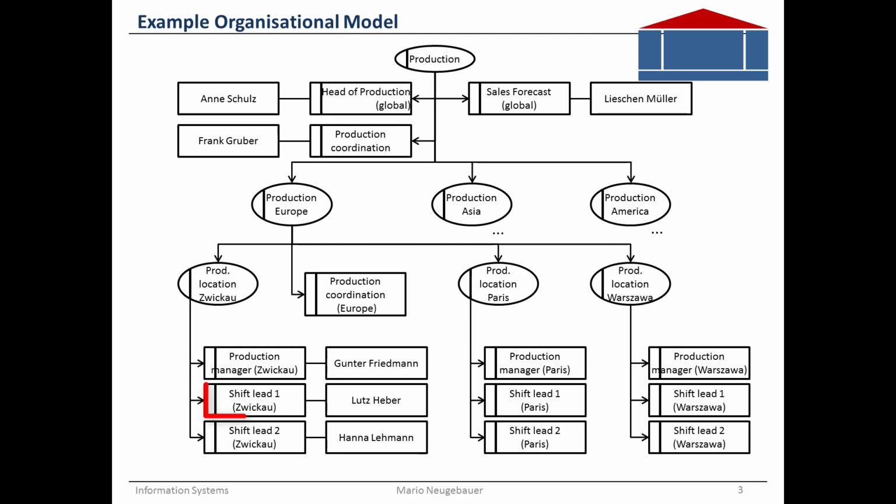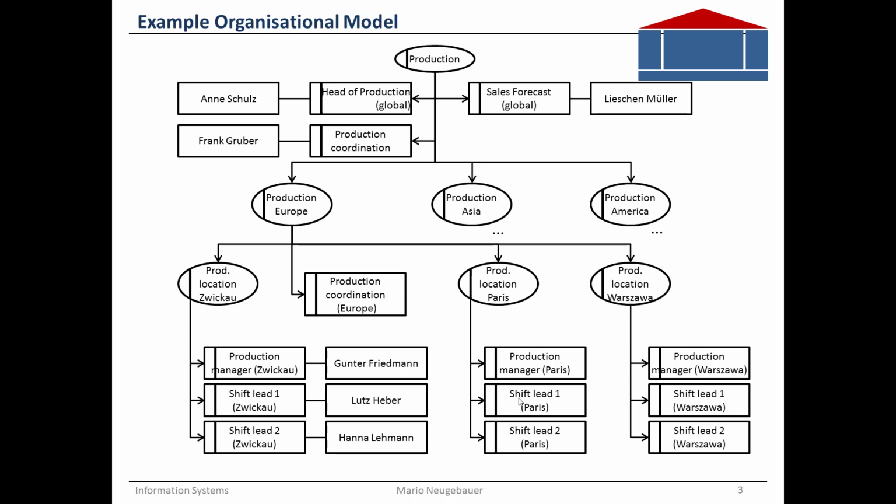And then you have maybe a shift lead 1, shift lead 2, and maybe other shift leads as substitutes if it's required. And here in this case, regarding these positions, you have concrete names again. So Gunther Friedmann is assigned to the position of the production manager. Lutz Heber is assigned to the shift lead here, and Hanna Lehmann is also assigned to this shift lead position.